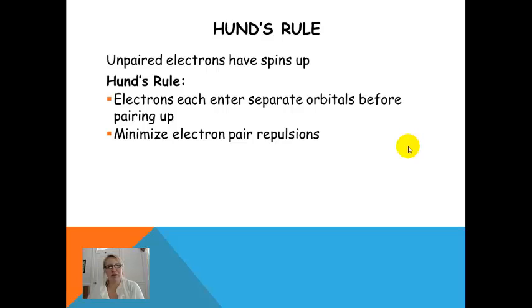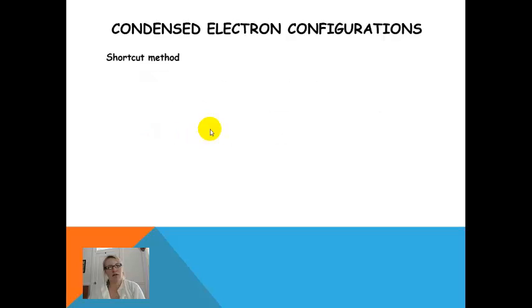This is because that minimizes electron pair repulsions. Remember, all electrons are negative, so if they each have their own orbital before they pair, there's less electron-electron repulsion, meaning the negatives don't repel the negatives as much. The shortcut method is another name for condensed electron configurations, and we'll review this in class.